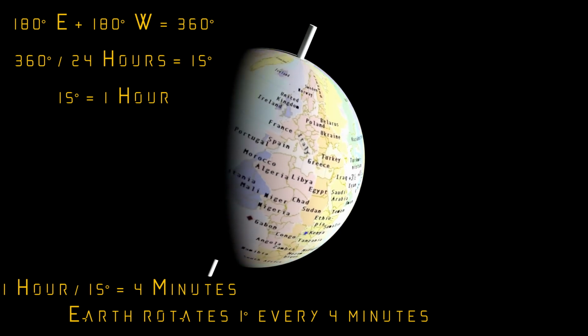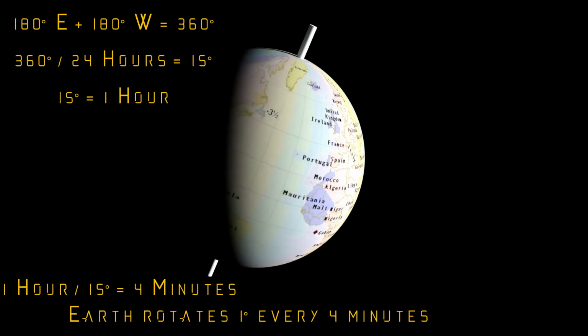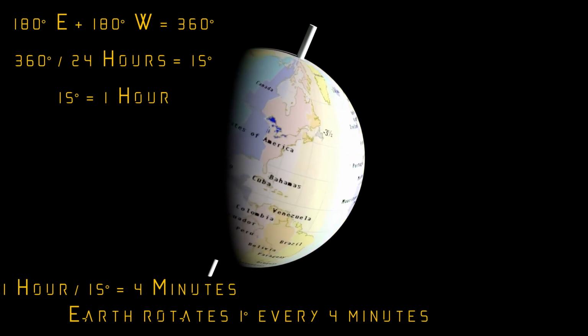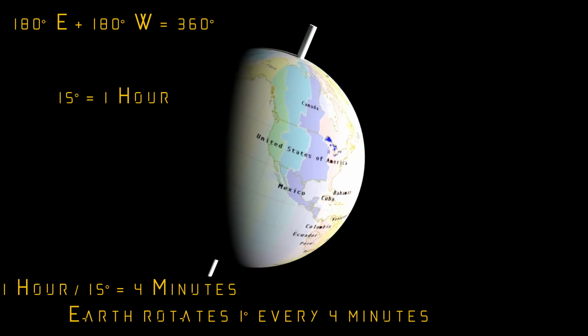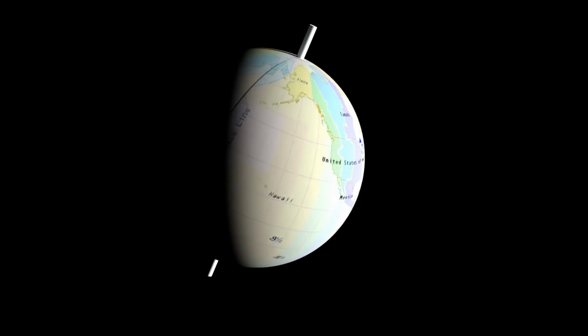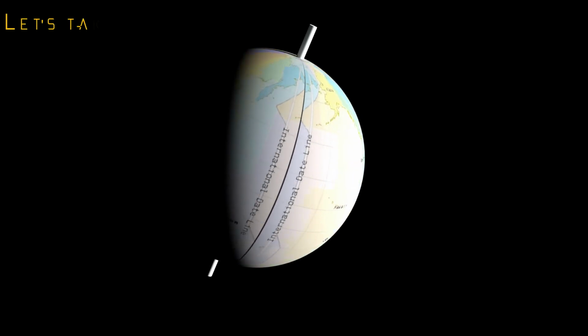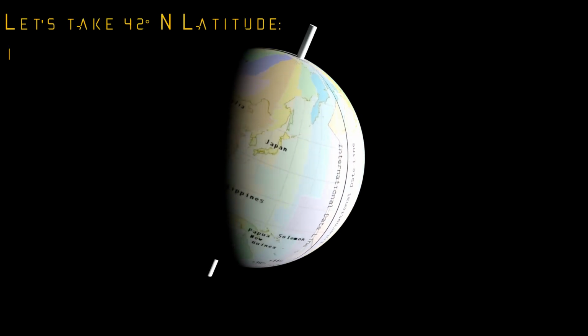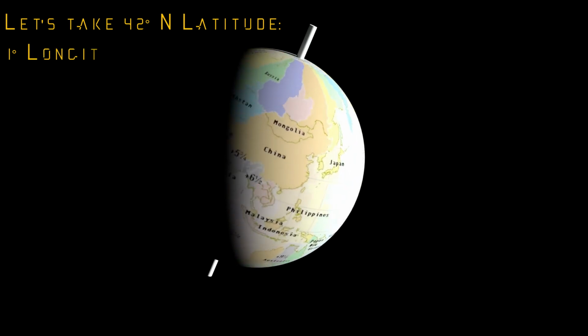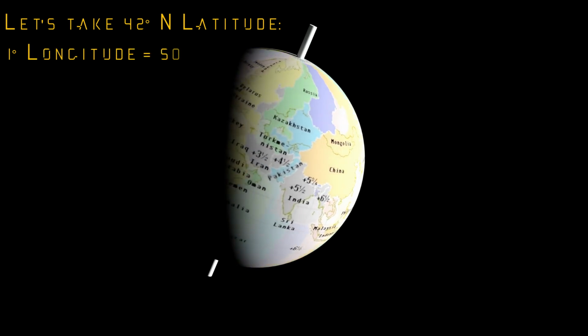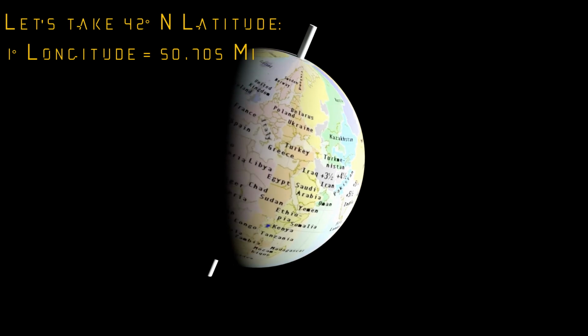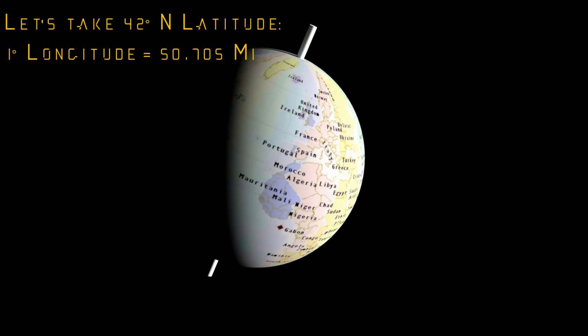However, that rate changes as you move poleward, since the lines of longitude converge toward the poles. For example, at 42 degrees north latitude, 1 degree of longitude is 50.705 miles.